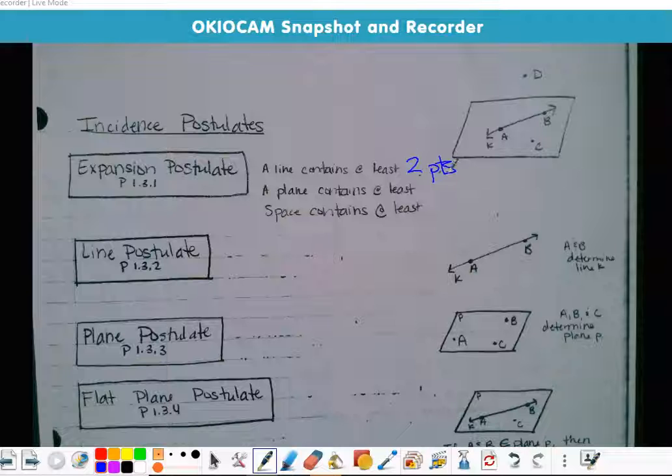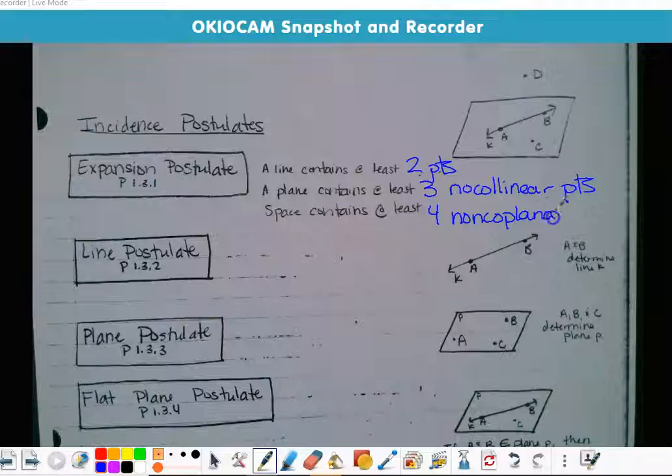A plane contains at least 3 non-collinear points. And space contains at least 4 non-coplanar points.